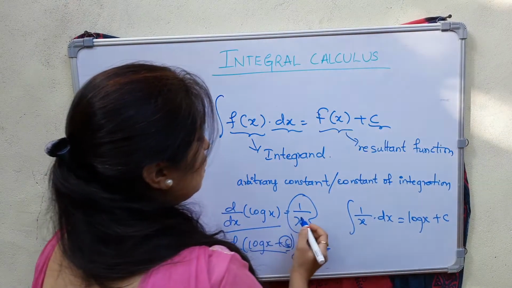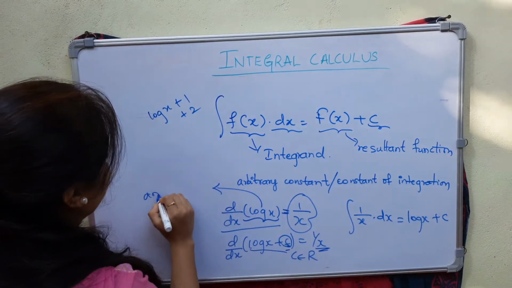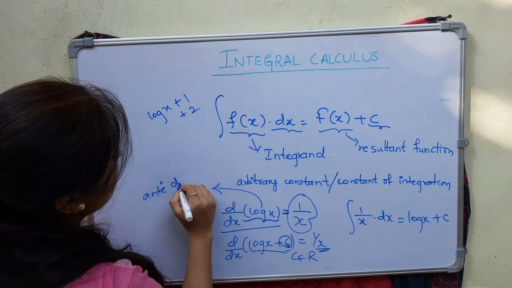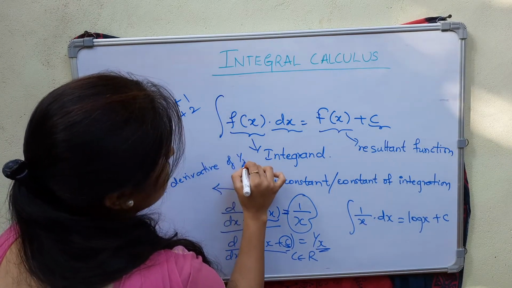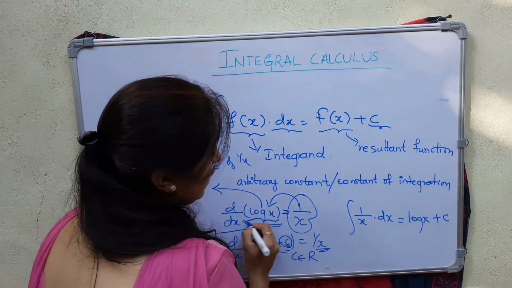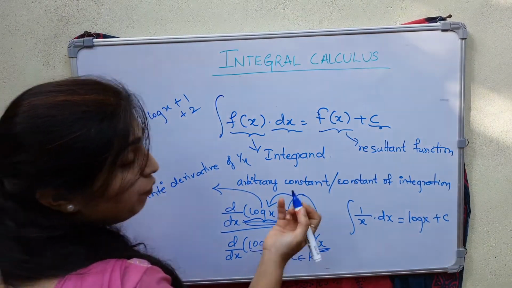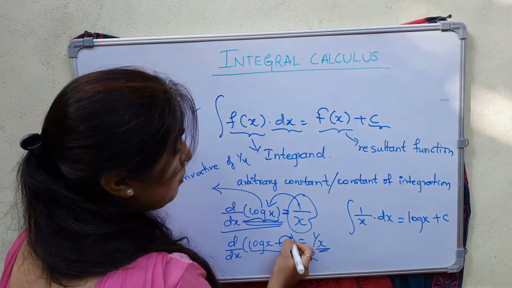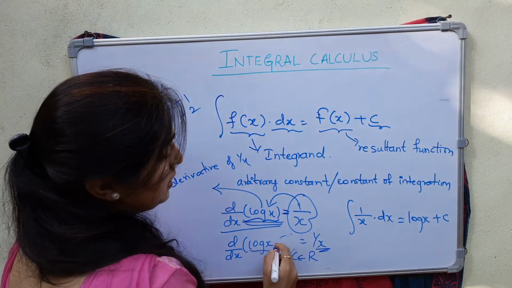So log x is an antiderivative of 1 by x. This antiderivative is not unique, because we can have a family of antiderivatives, depending upon the constant c.